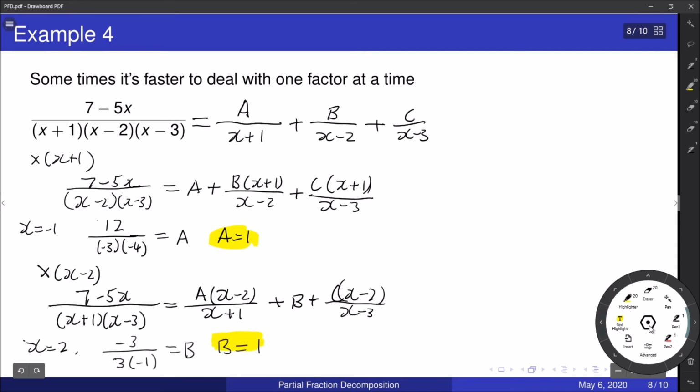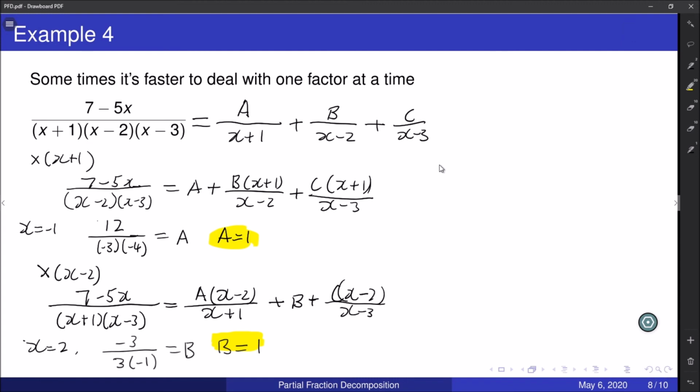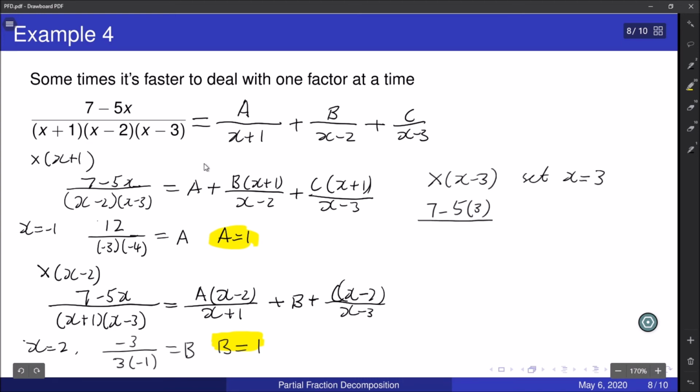I'm sure you know the process by now. We multiply everything by x minus 3 and then set x equals 3. So that would end up with 7 minus 5 times 3 over, because x minus 3 gets cancelled out, we only have 3 plus 1 and 3 minus 2. And on the other side, because everything's multiplied by x minus 3, we only have c left.